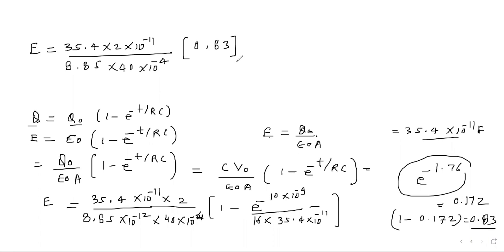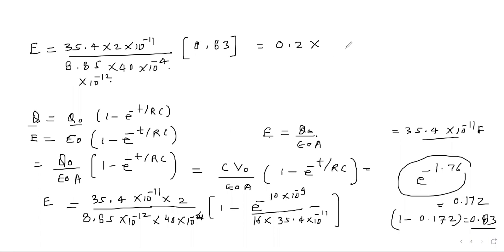Now, after evaluation, here 10 to the power minus 12 is missing because 8.85 into 10 to the power minus 12 is the value of epsilon naught. So this will become 0.2 into this value, 35.4 into 2 divided by 8.85 into 40, and this power will become minus 11 plus 4 plus 12.